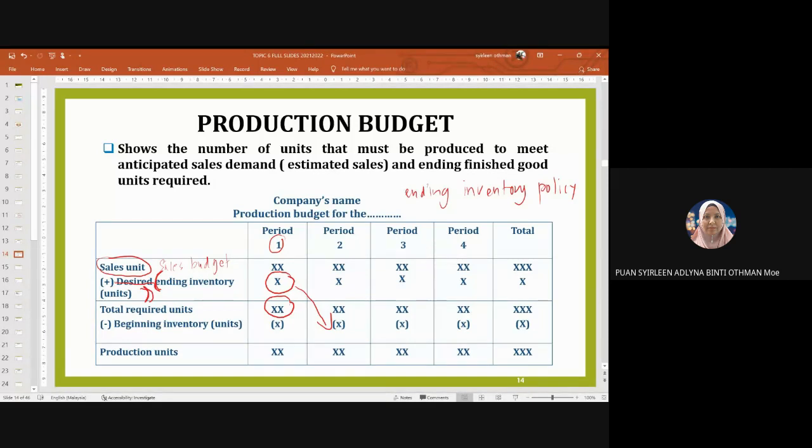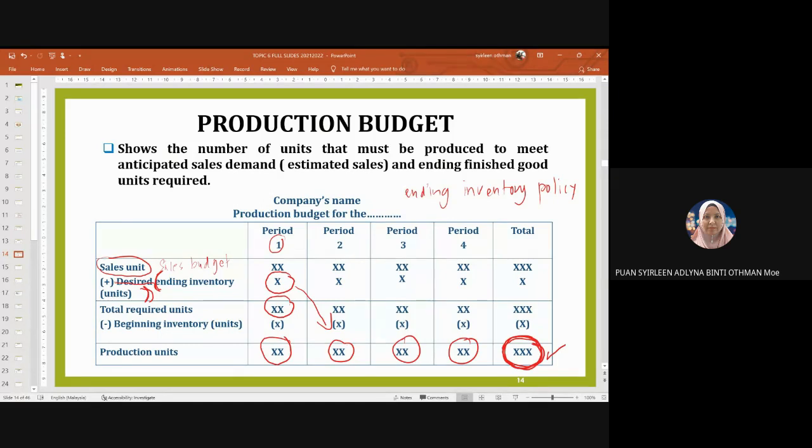After you minus the beginning inventory, you get the production unit. You total it up, and this is the units we need to produce for 2022. When you project your direct materials, direct labor and MOH, you go based on this total, which is your production unit for 2022.